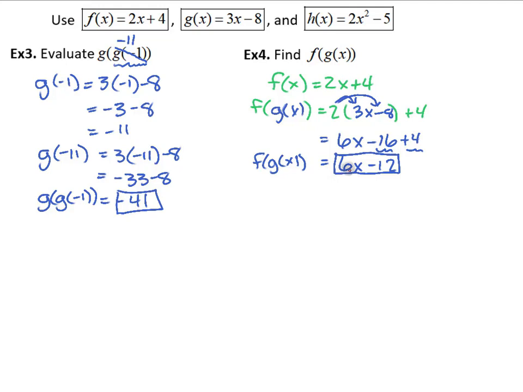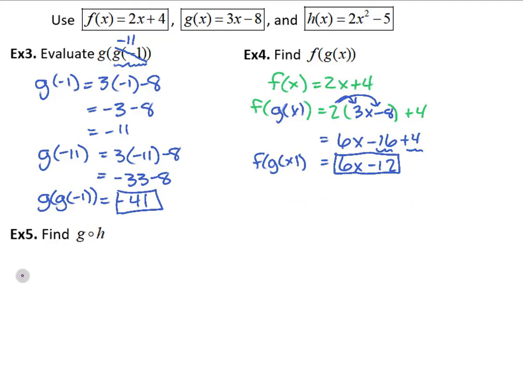So if we kind of repeat what we did with 2, if I wanted to find f of g of 2, and I've already simplified this expression, I can actually just plug in positive 2, what we plugged in. 6 times 2 minus 12 is 12 minus 12, or 0. We get the same value back for both. So you can either just plug the number directly in, which I think is easier, and do it in 2 steps, or you can simplify the expression and then plug into that expression. We'll still get the same final value.